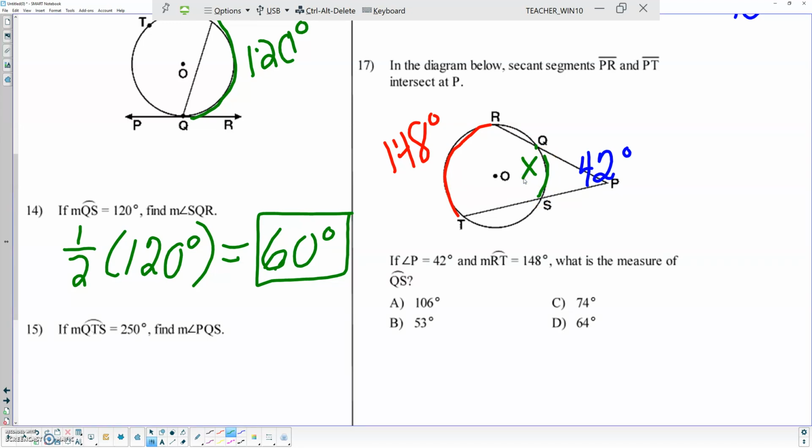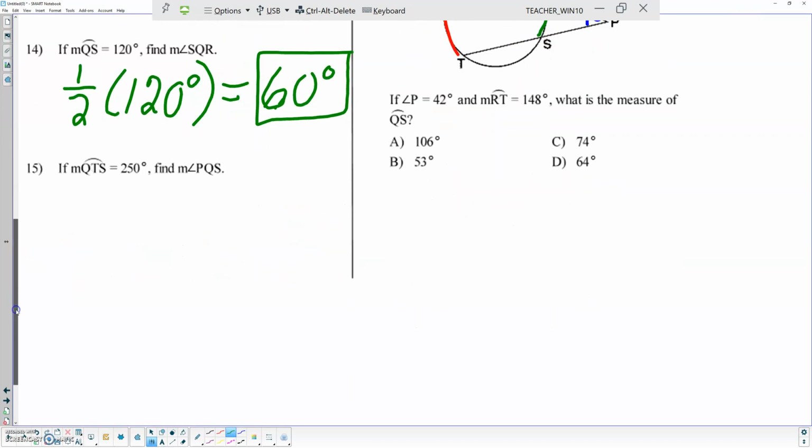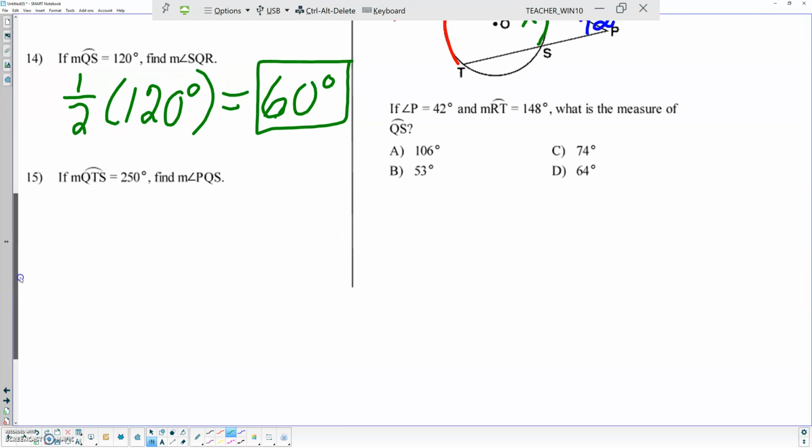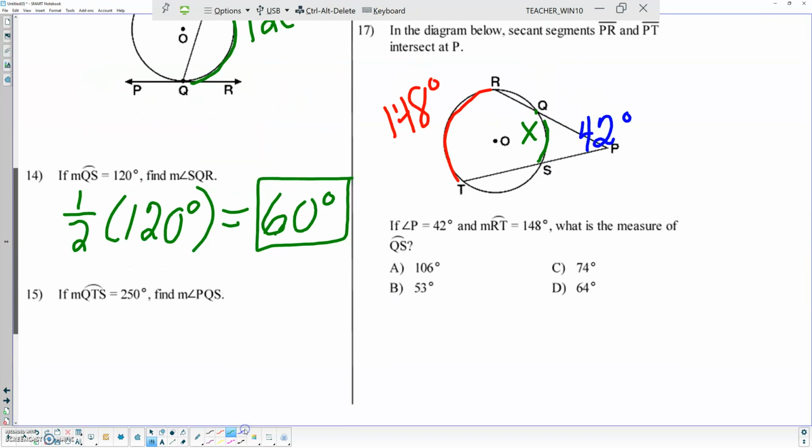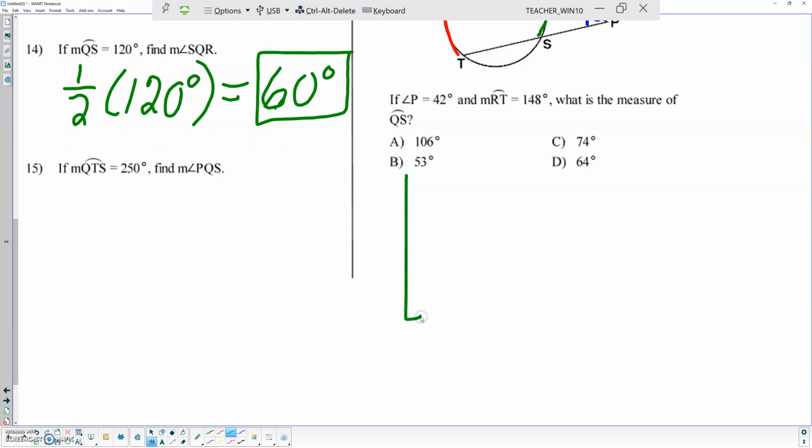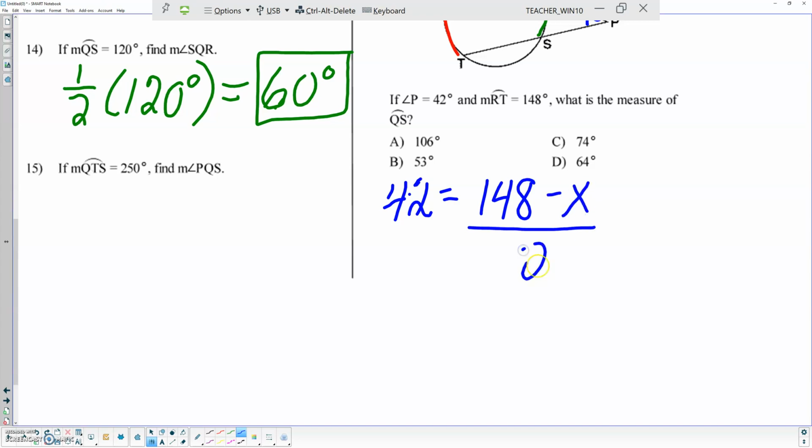For an example like this, we're going to set up a proportion. We set this up as 42 equals 148 minus x divided by 2.